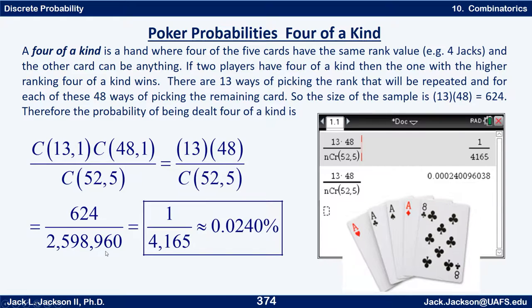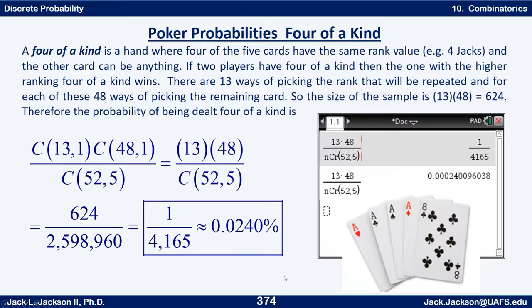And the denominator, as we've already said, is 2,598,960. That reduces in fraction form to 1 over 4,165, which is the exact probability. Or in percent form, rounded off, that's about 0.0240%. I've got a TI Inspire screen showing this worked out over here, and then there's a picture of an example right there.